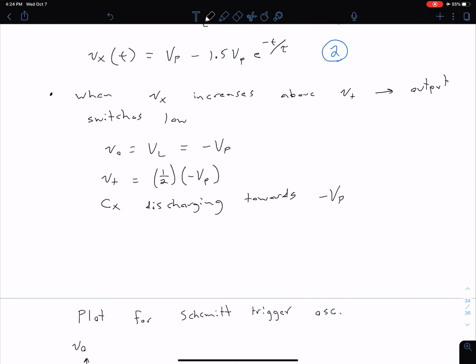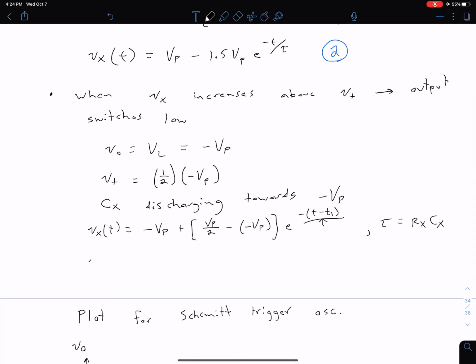You'll notice I've got some stuff peeking through there from the next page, so just ignore that for the time being. But we can say our Vx of t is going to be equal to our final value, so it would finally go to a voltage of negative Vp if nothing else happened, plus the quantity of the initial value, which was Vp over 2, minus the initial value of negative Vp, times exponential of negative t minus t1 divided by tau, and so we're going to have that same time constant tau equals Rx times Cx.